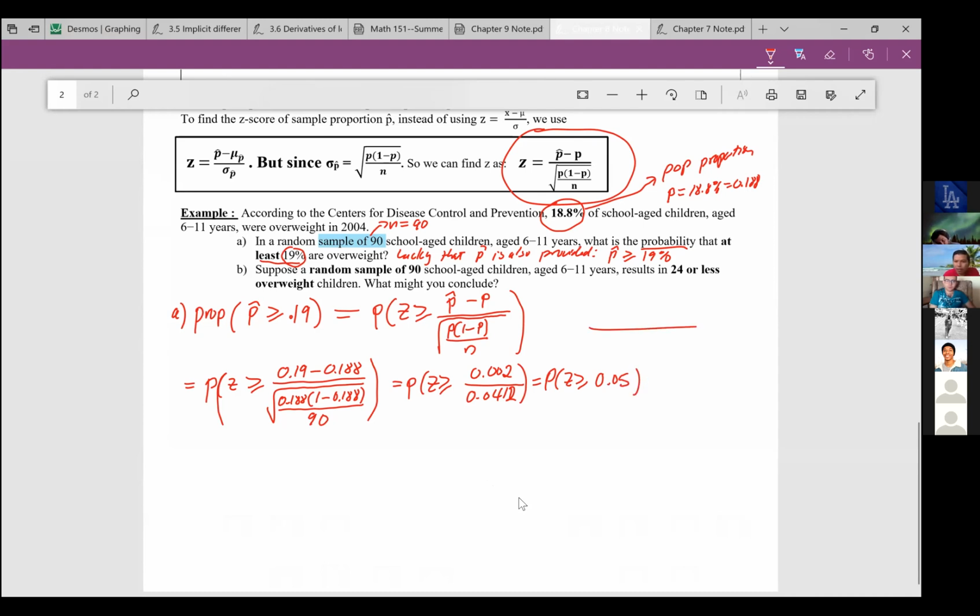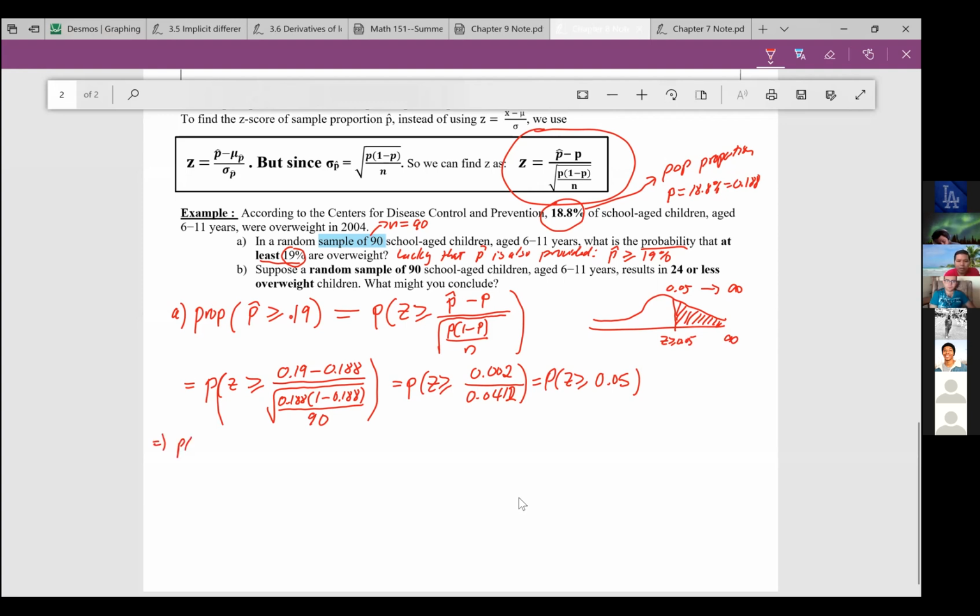All right, so here's the bell shape again, right? So we want to find z is bigger than 0.05. So we're looking at the area to the right. So we go from 0.05 to infinity, right? So you know the exact command you want to put into your calculator to get the answer, okay?